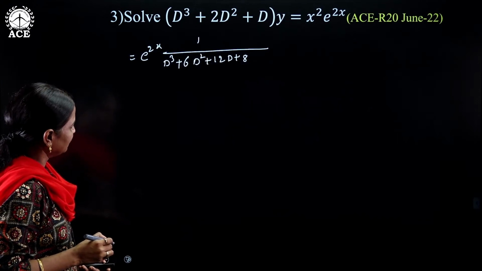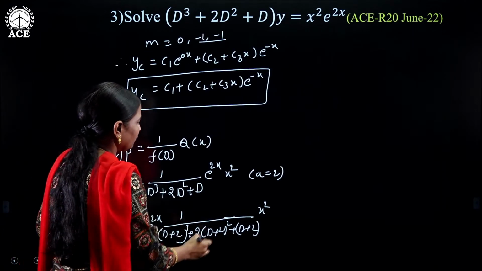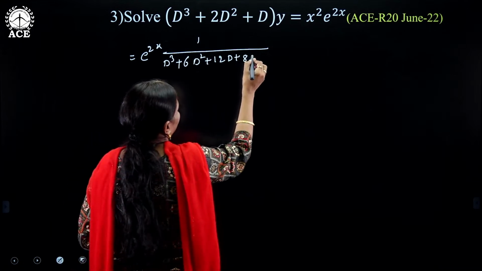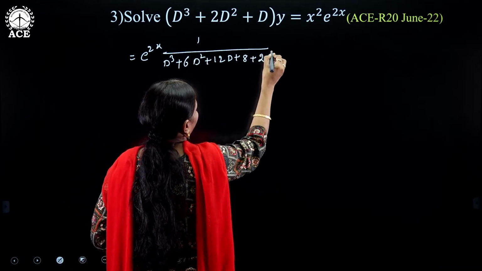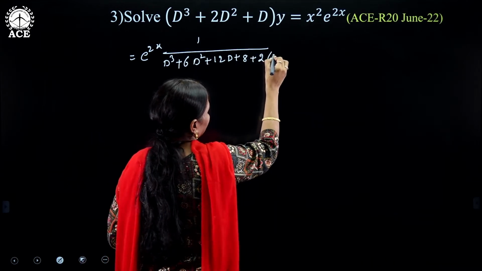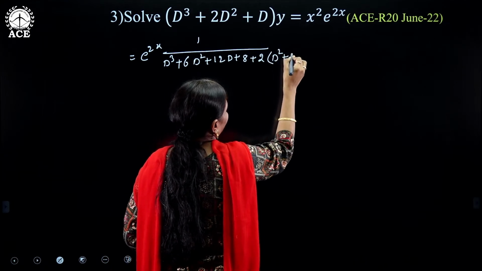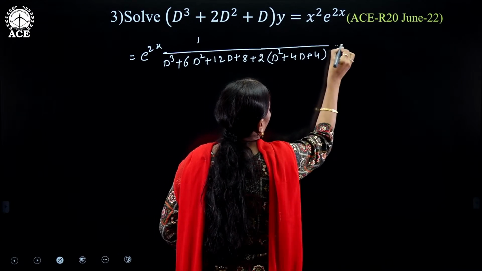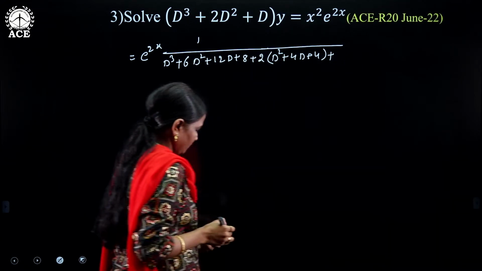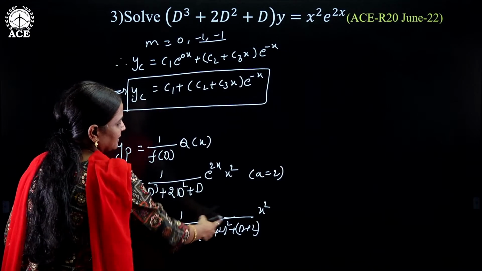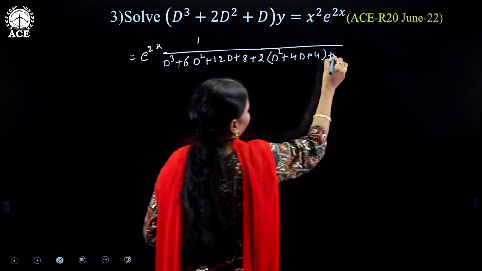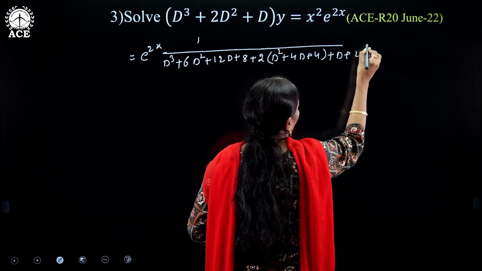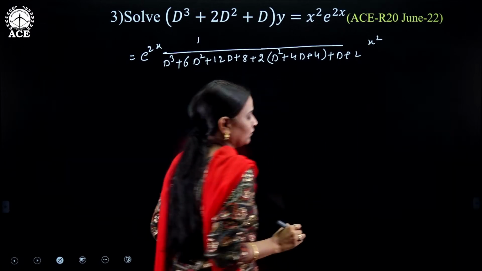What about the next one? Plus 2 into (D+2) whole square. What is (D+2) whole square? D square plus 4D plus 4. Plus, the last term is D plus 2, into x square.